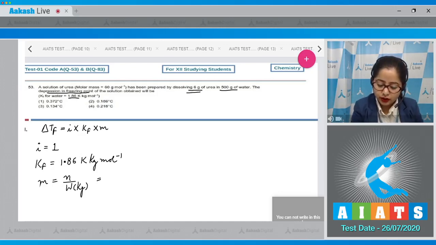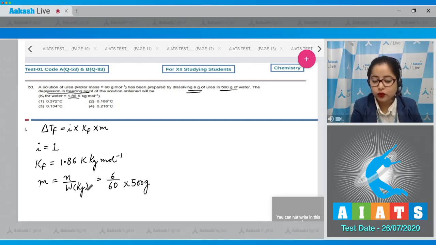So it will be 6 divided by 60, and then we have to divide the entire term with the mass of solvent in kilogram, which is given as 500 gram. So we have to convert this into kilograms. So we'll multiply the numerator by 1000. Now let's calculate the value of delta Tf.